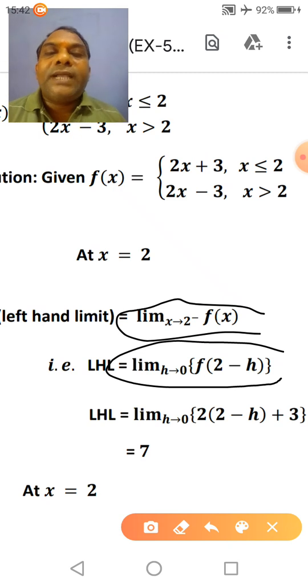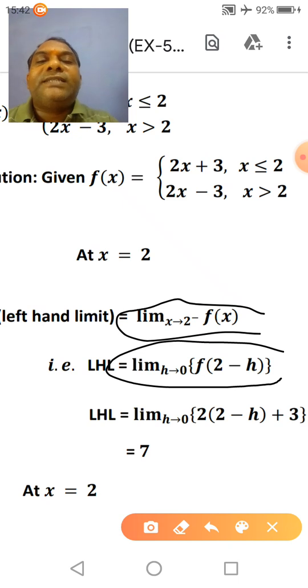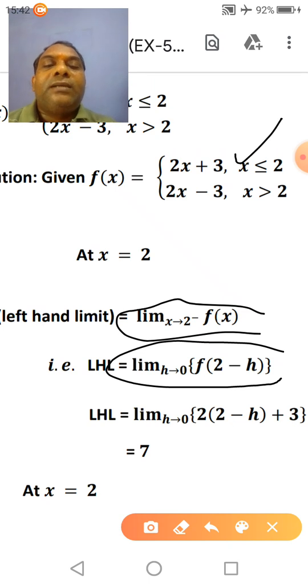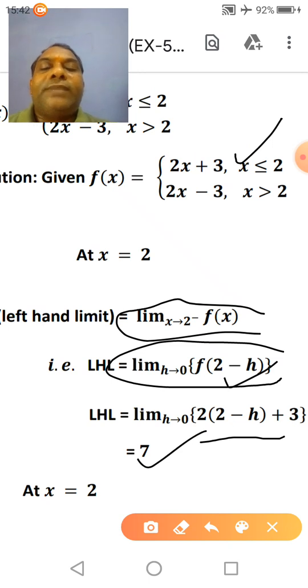In case of LHL, we have to consider the function where x is less than 2. There f(x) is 2x plus 3, so f(2 minus h) will be 2 into (2 minus h) plus 3. Now apply the limit, so LHL is equal to 7.